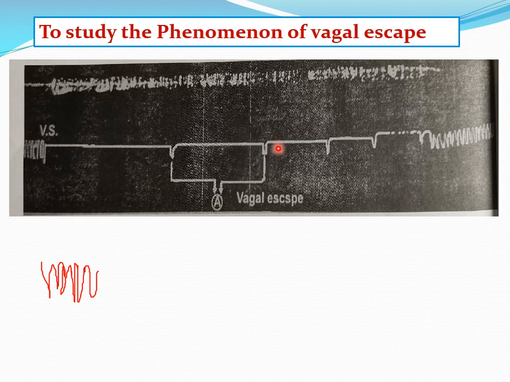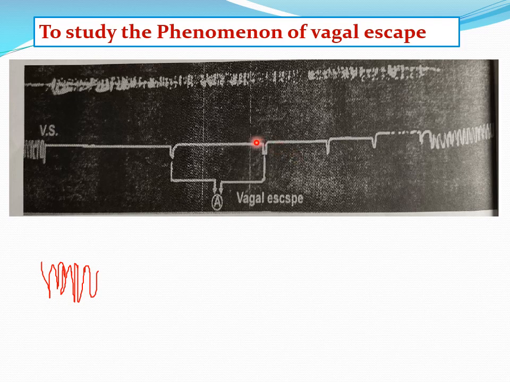But the ventricle gets very little or negligible vagus supply. In short, the parasympathetic supply to the ventricle is very negligible.